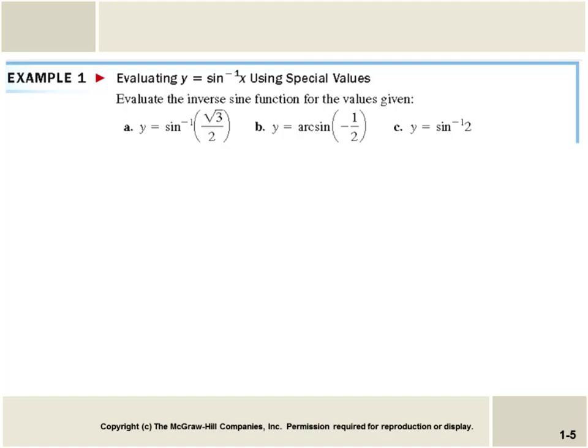So I have B. I'm looking for y equals the arc sine of -1/2. It would be minus pi over 6. Very good. Minus pi over 6.